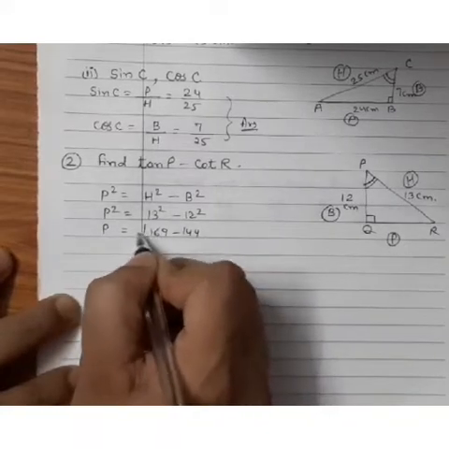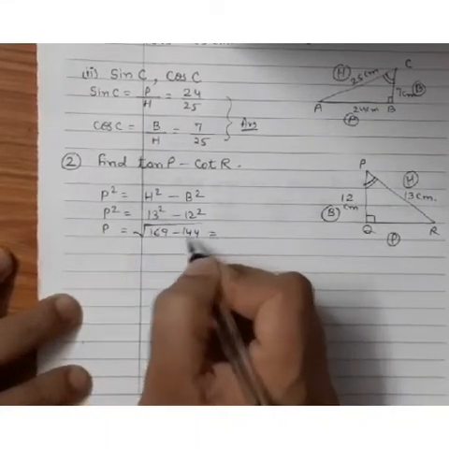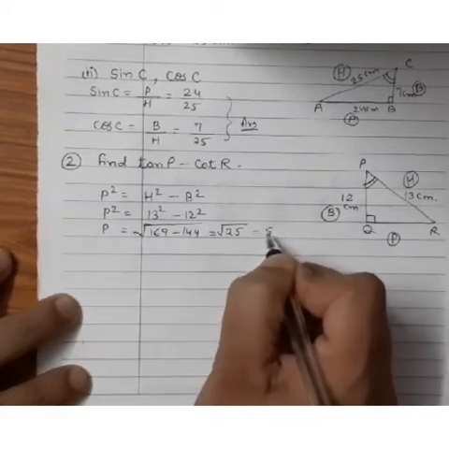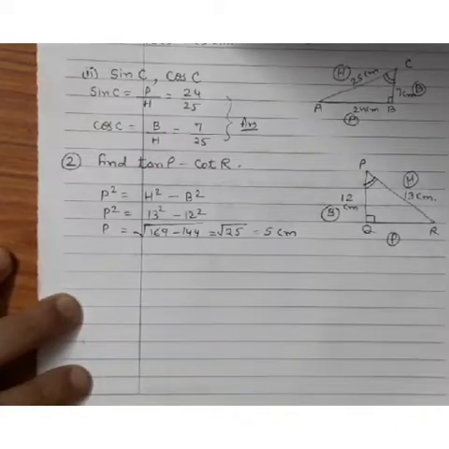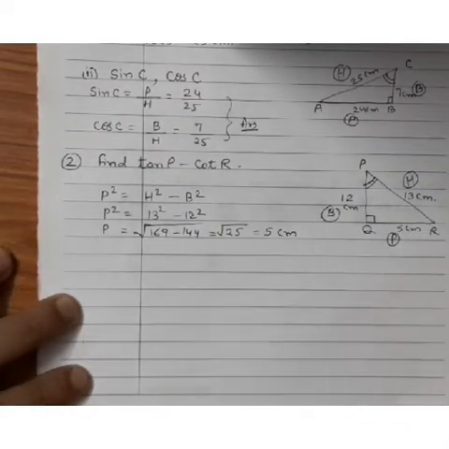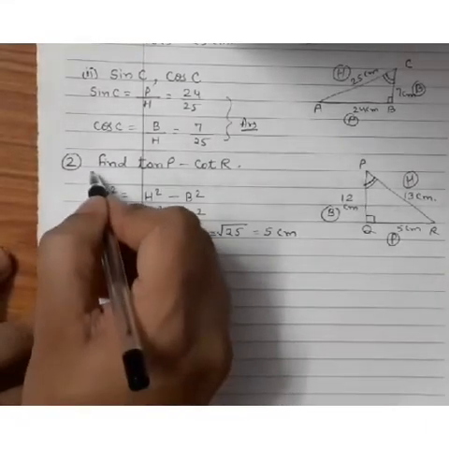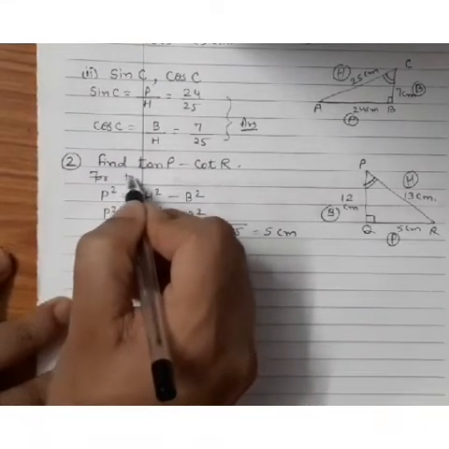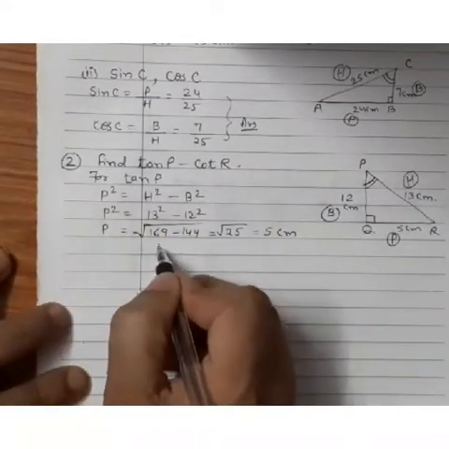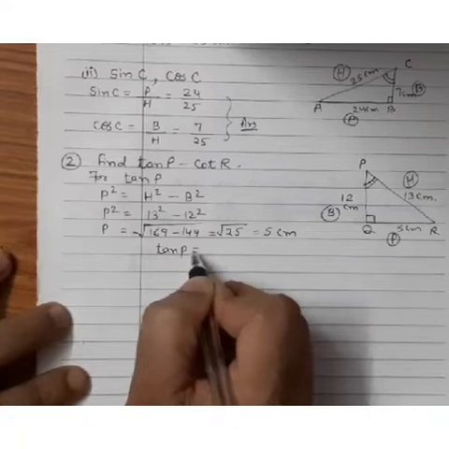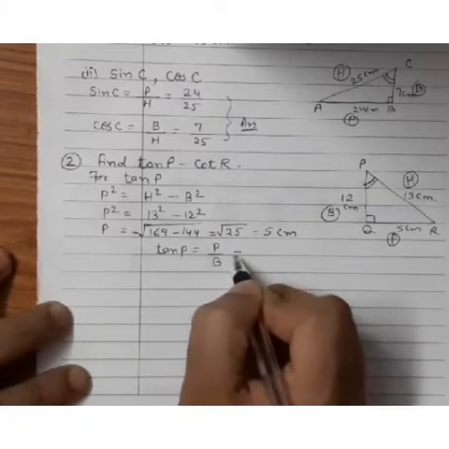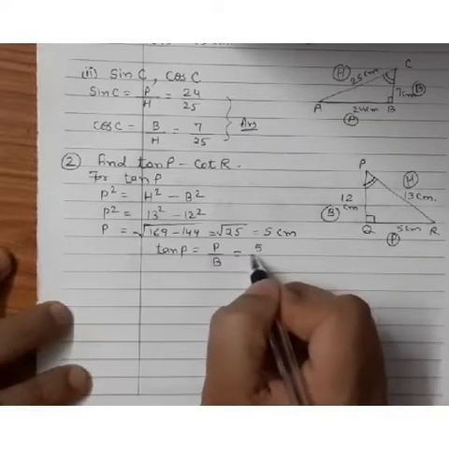Taking the square root, this is 25, so 5 centimeter is the perpendicular. I am doing this for finding tan P. Tan P means perpendicular upon base. Perpendicular is 5, base is 12.